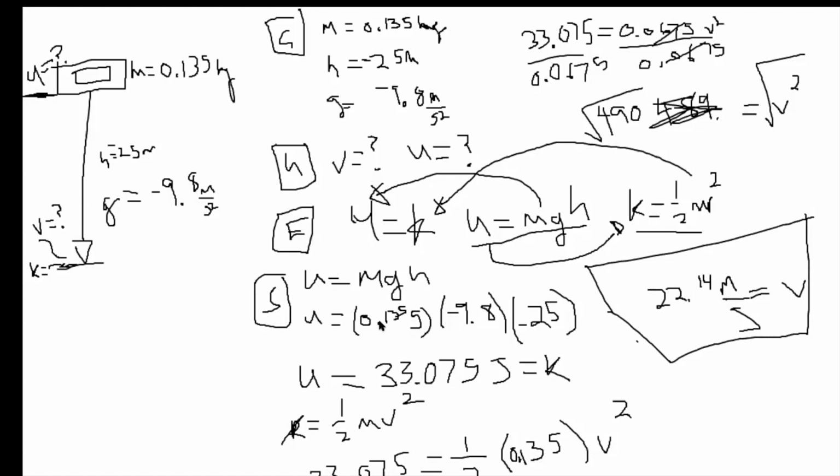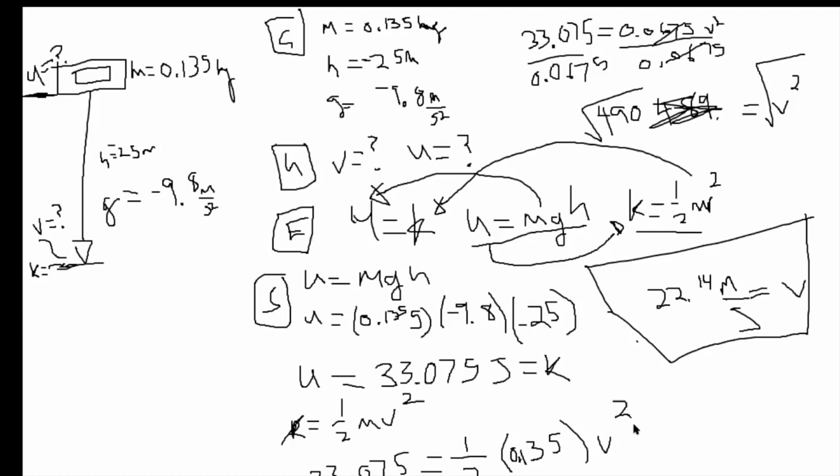Okay, so that is a conservation of energy problem where we're taking all of our principles that we've learned about potential and kinetic energy, and we're able to actually set those equations equal to each other, solve for one equation, and then plug it into the other equation, and then work out to get the second answer.